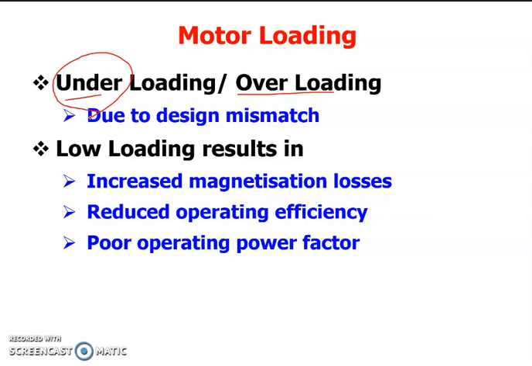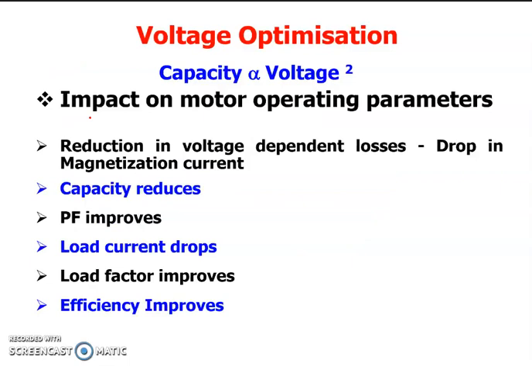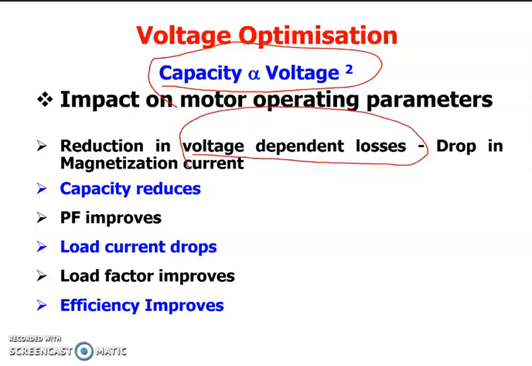And the next parameter which we have seen earlier is that the motor performance is affected by the operating voltage. So the impact on the motor operating parameters is that the capacity is directly proportional to the voltage square. So there will be a reduction in the voltage dependent losses if I reduce the voltage.